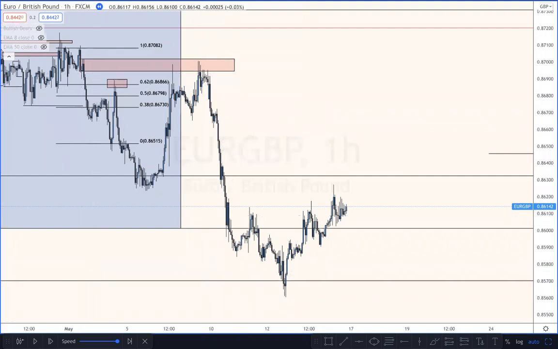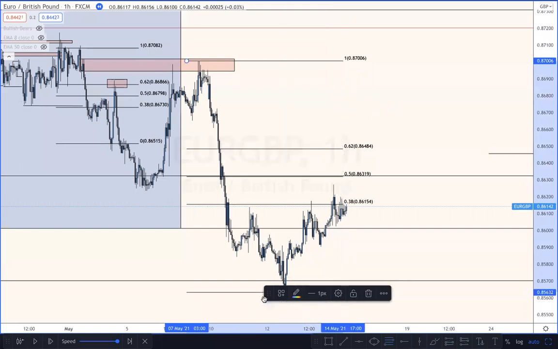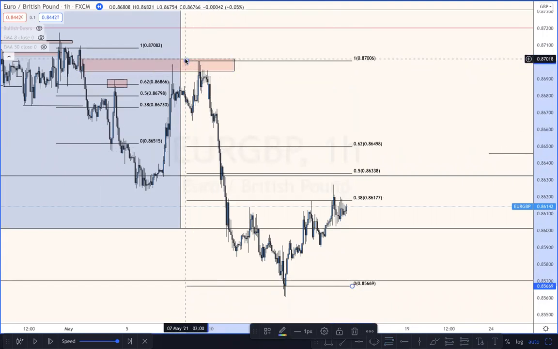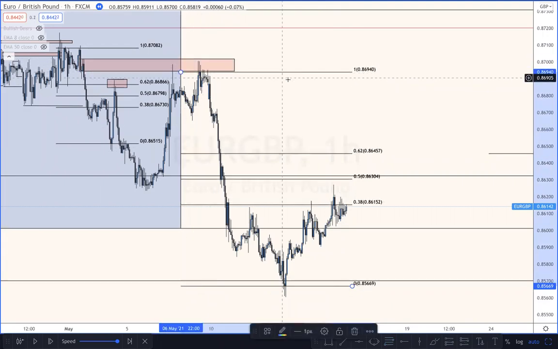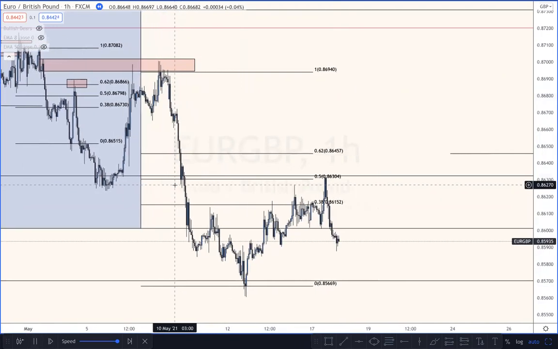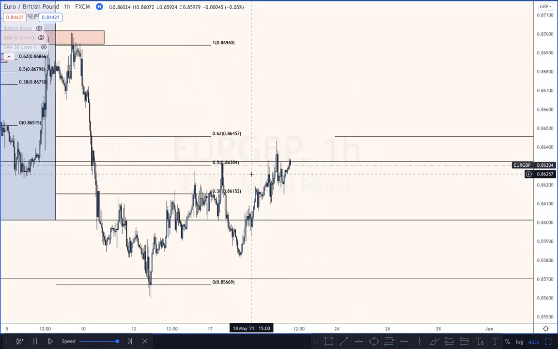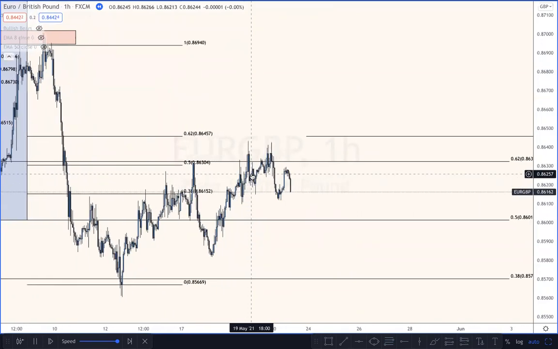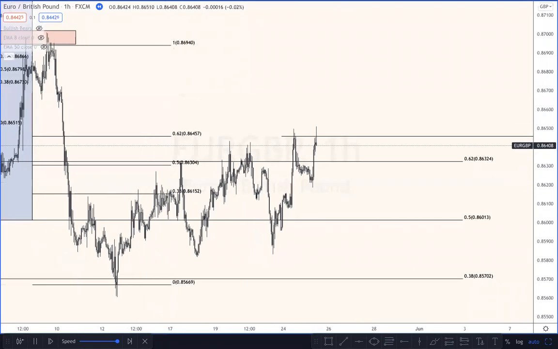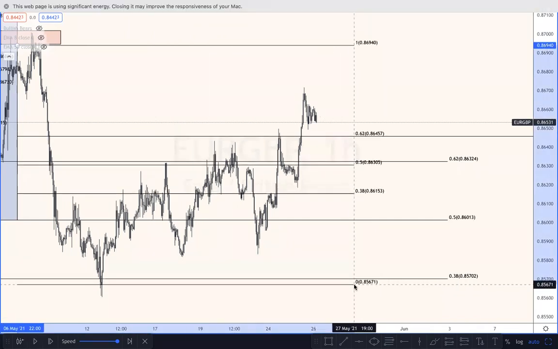We have another break of structure from here to there. Watch the 62 area again. Watch it.